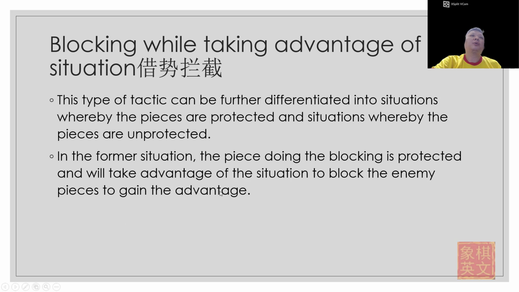Blocking while taking advantage of the situation can be further differentiated by whether the pieces are protected or left hanging on the board. If the pieces are protected, the piece doing the blocking will take advantage of the situation to block the enemy piece to gain advantage.